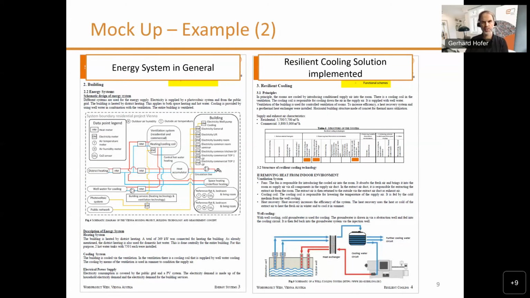First, we categorize this resilient cooling solution in the structure mentioned before. That means technologies to reduce external heat gains, remove heat from the indoor environment, and so on. And then we have a detailed description of the functionality and schematic design, how resilient cooling works in the building. Next slide, please.